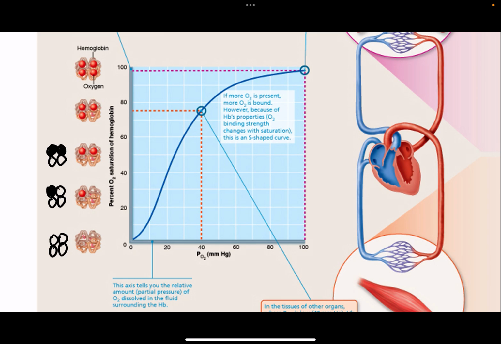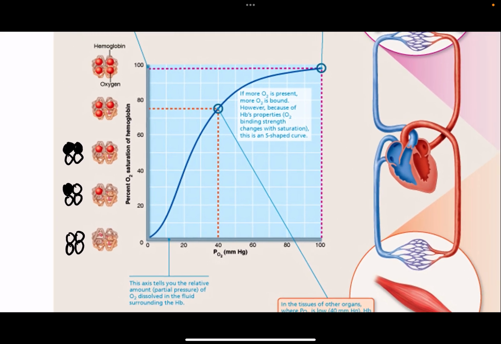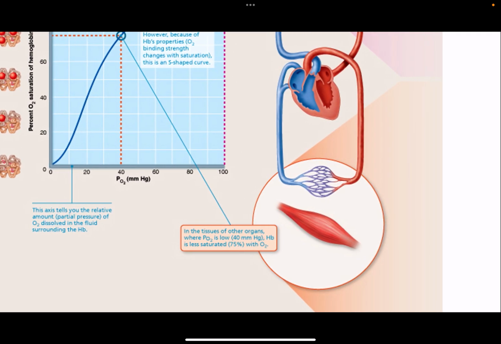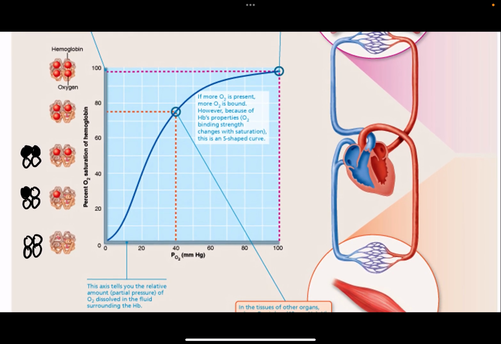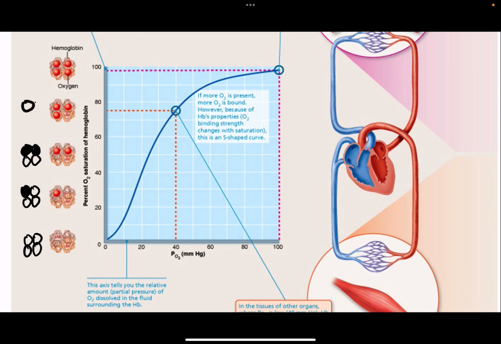At 75% saturation, that means that on average, the hemoglobin in our red blood cells is holding about 3 oxygen molecules. And at 100% saturation means that every hemoglobin molecule is full with 4 oxygen molecules.